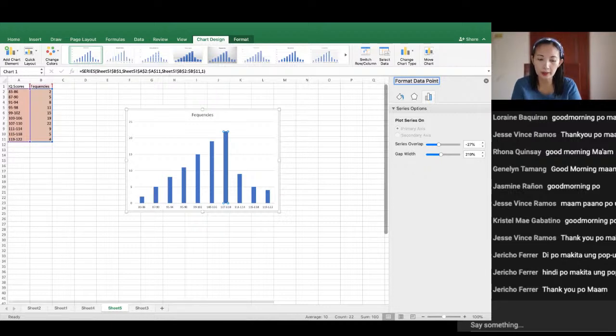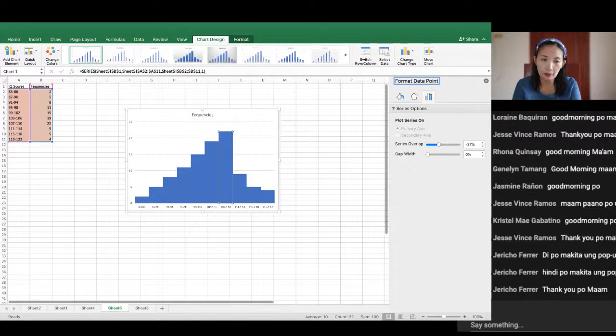Format data point. Then we simply have to change the gap width to 0. Because in a histogram, there should be no spaces in between the bars.